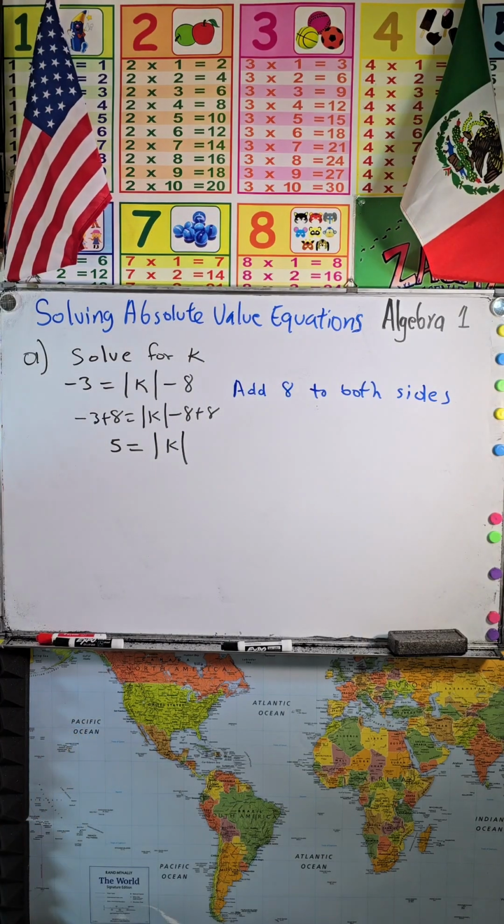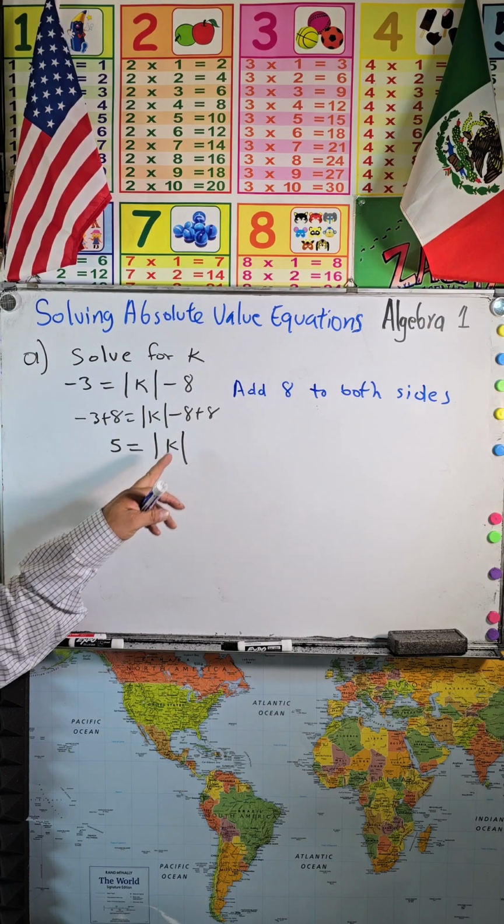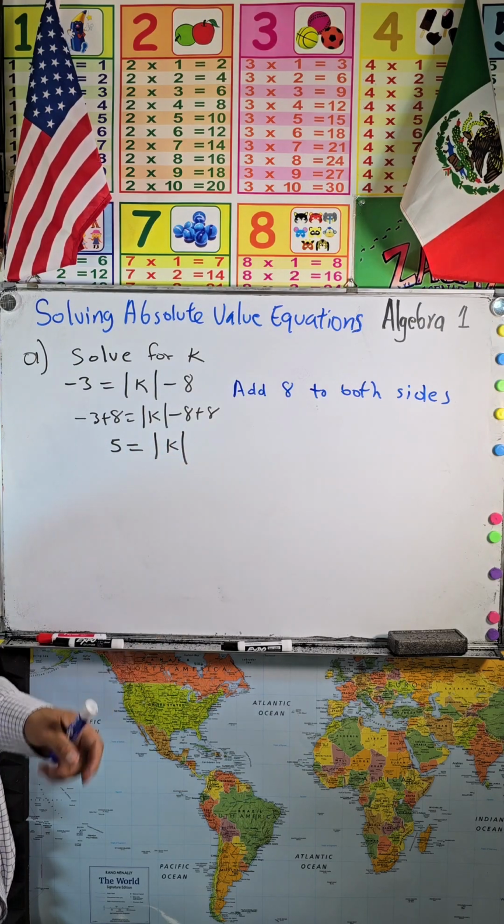Right there. Since k can be either positive or negative, remember the rule.